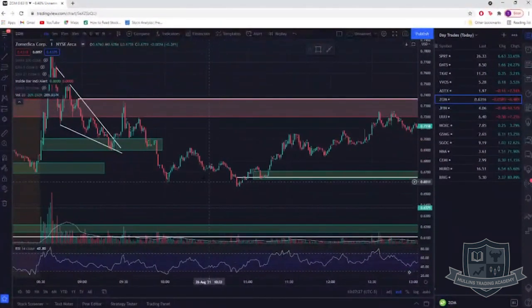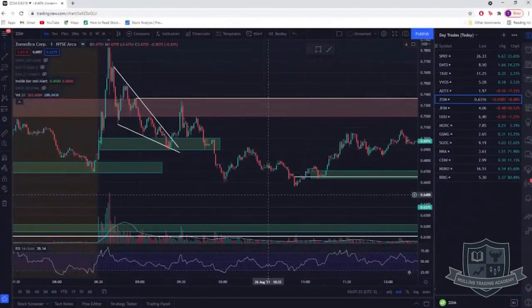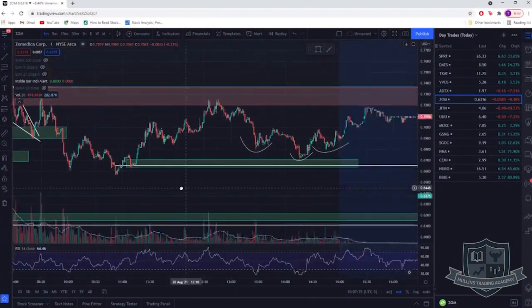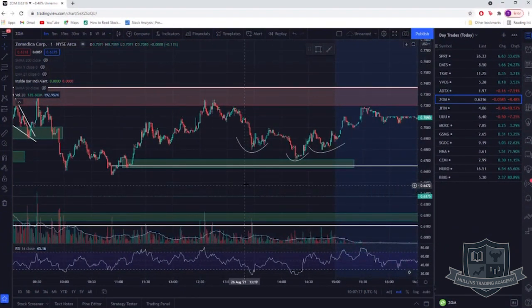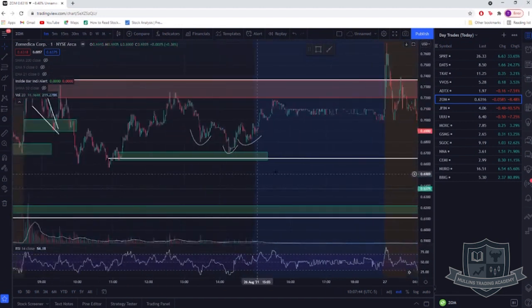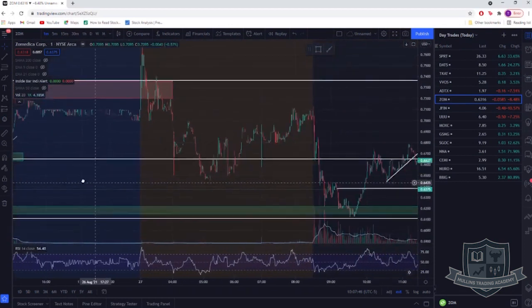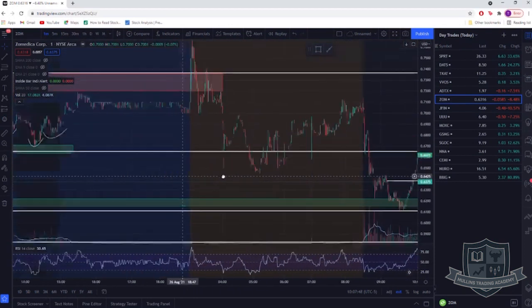But you could do it just off pattern recognition, inverse head and shoulders. You could do it just off RSI divergence. There are so many ways to create very basic, repeatable, consistent strategies that do not require you to be a masterful technician.